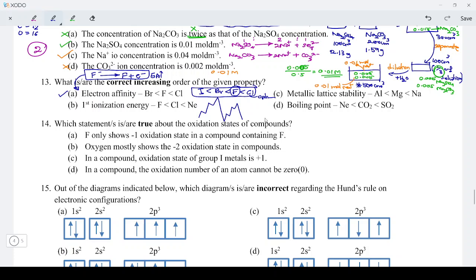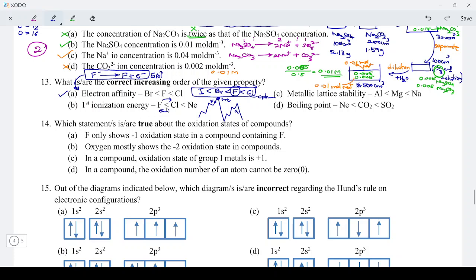It will have the higher first ionization value, neon here. And then the adjacent one, fluorine, and chlorine is in the lower period, so it should have a lower first ionization energy. So here the mistake, they have mixed up the places.